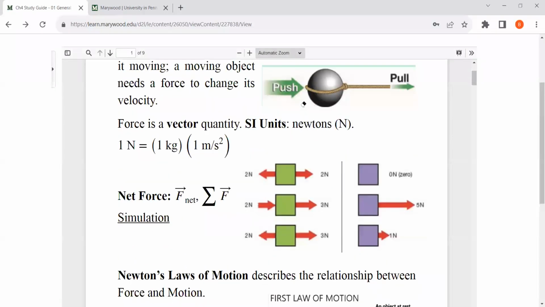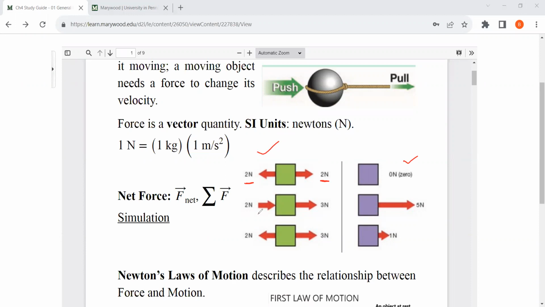All right, so this picture basically tells the same thing that we see in the simulation. When the same 2 Newton forces are applied in opposite directions, the net force will be equal to 0.